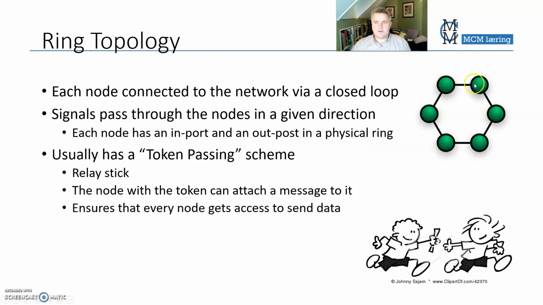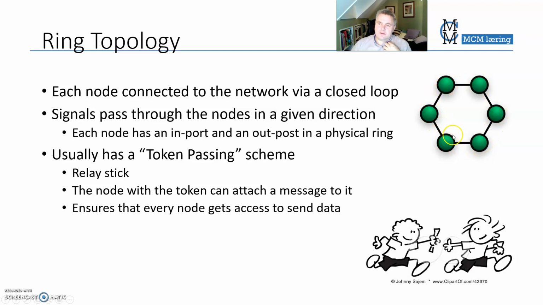You also have something called a ring topology, where all the computers are connected together in a ring. That is used for so-called backbone networking. So for example, in the North Sea, we have different platforms. Let's say that we have Troll, Statfjord, Ekofisk, and then maybe Stavanger, Bergen, and Florø.